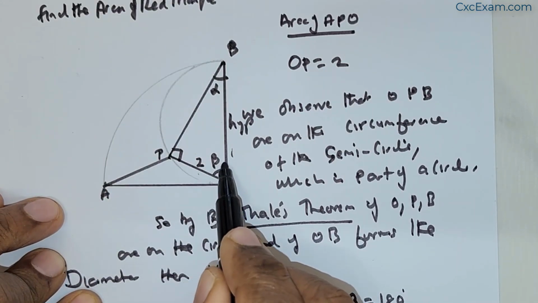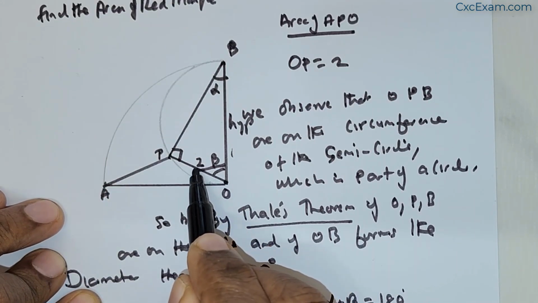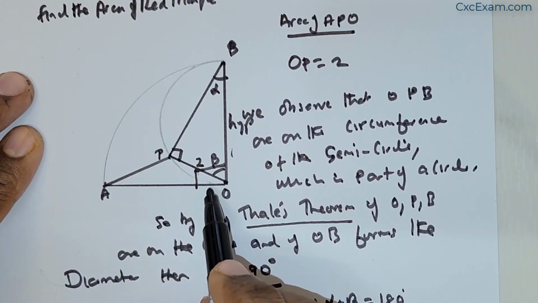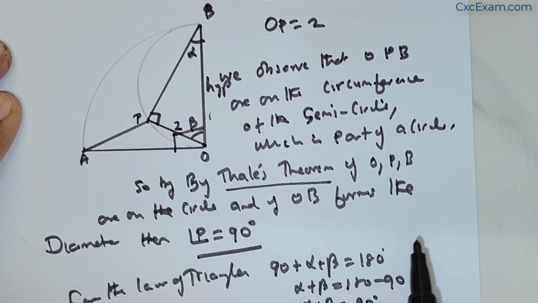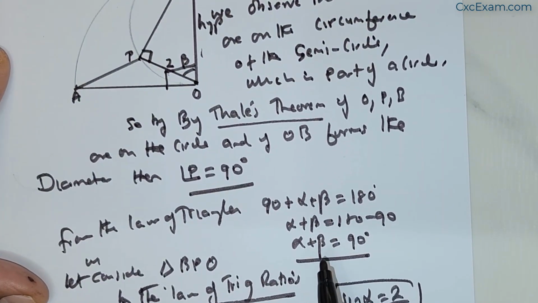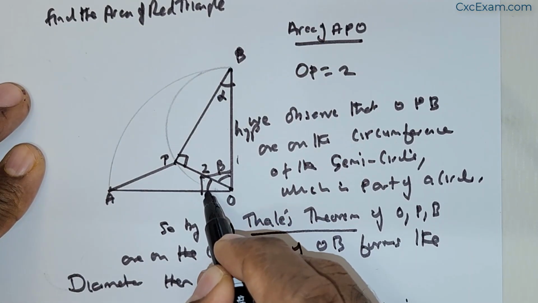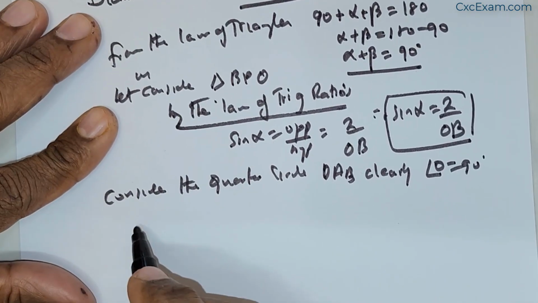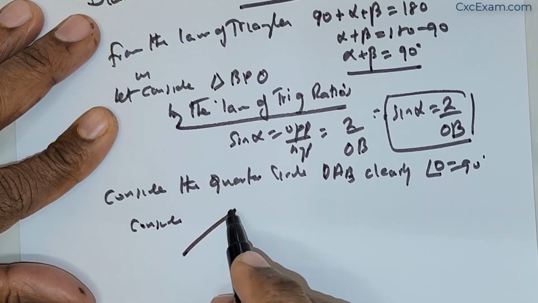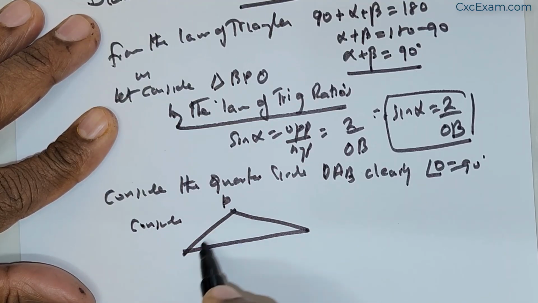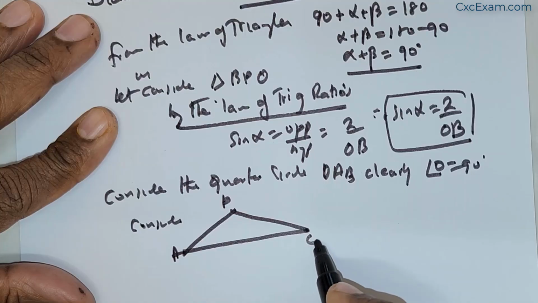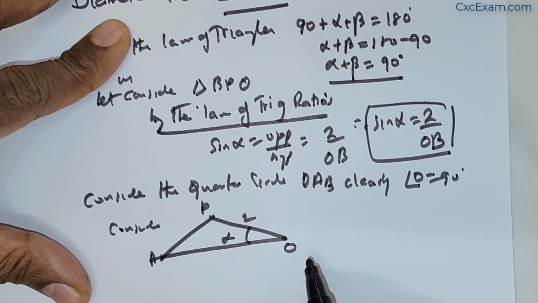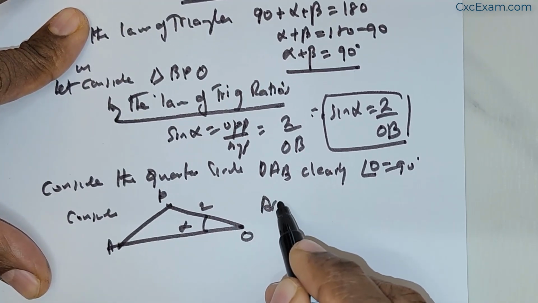This entire angle is going to be 90 degrees, right? But we know alpha plus beta is equal to 90 degrees. So that means this angle should be equal to alpha, right? So now consider triangle PAO with this being alpha, this being equal to 2 units. Okay, so this is what is required.